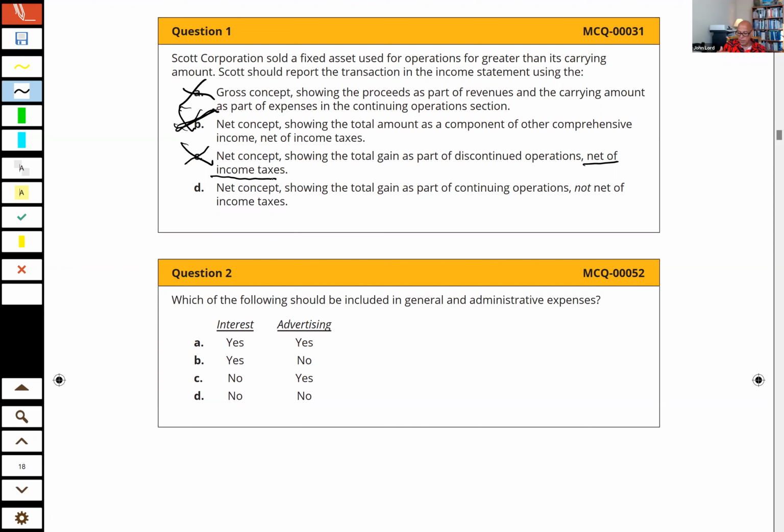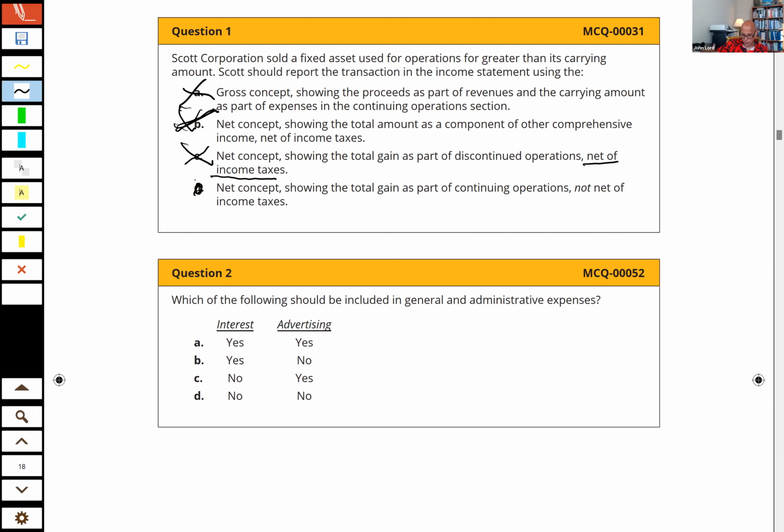So D, we know by my X's up here, has to be the correct answer, net concept showing the total gain. Yeah, it's a gain because they sold it for more than its carrying value, as part of continuing operations. It was income from continuing operations.